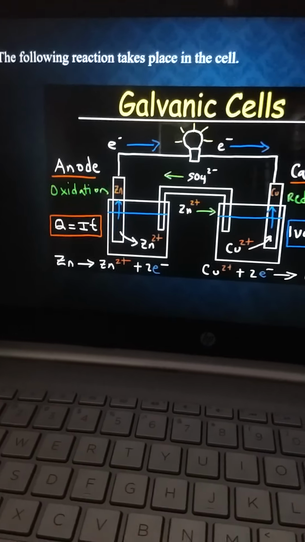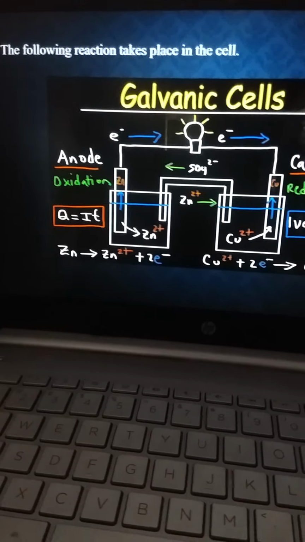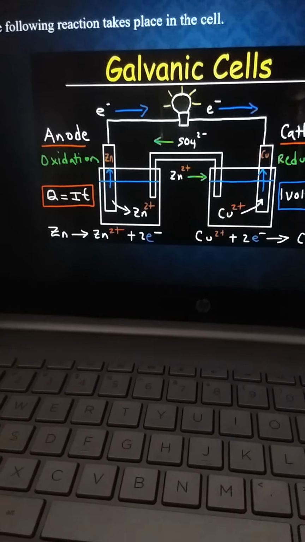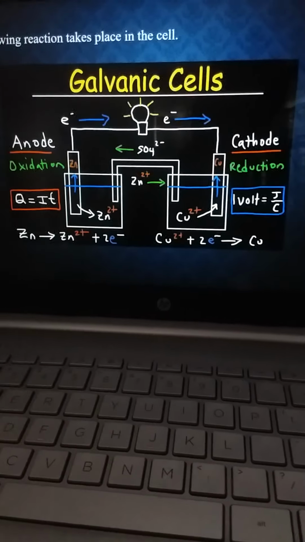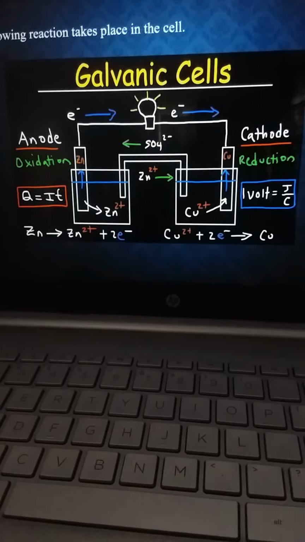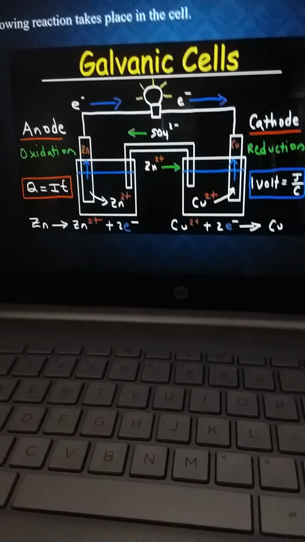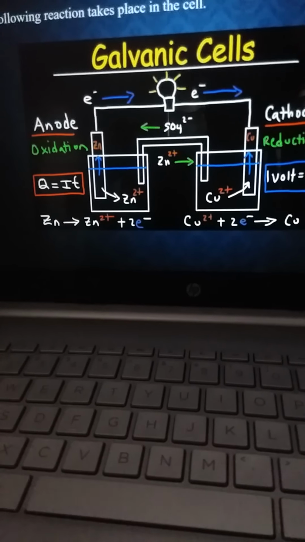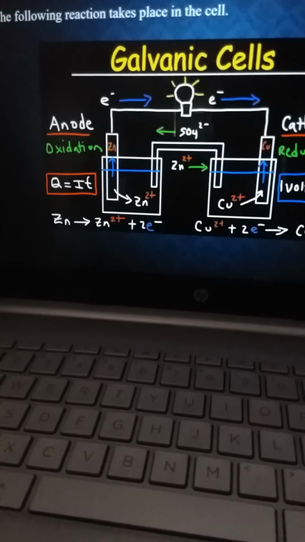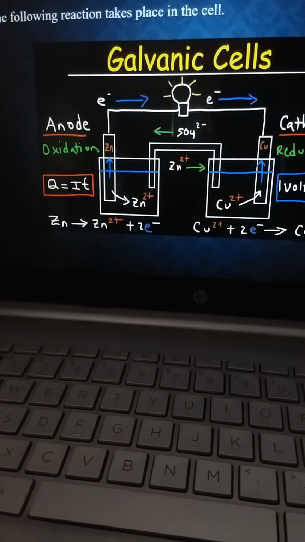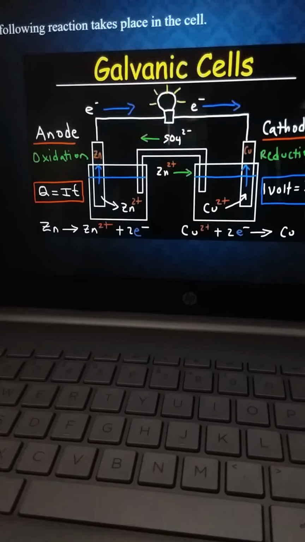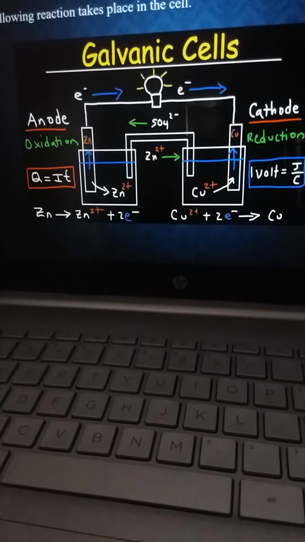The following reaction takes place in the galvanic cell. You will observe that oxidation occurs in the anode compartment, whereas reduction occurs in the cathode compartment.